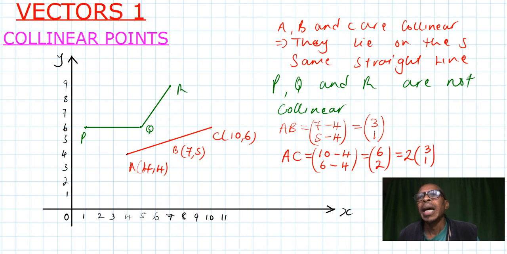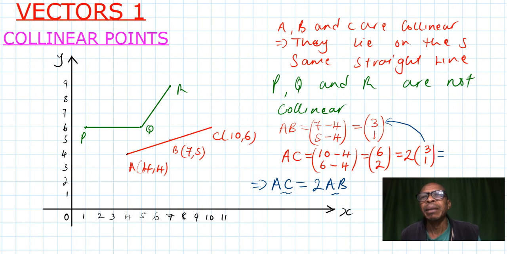Now you find that this is the same vector as this one, and therefore this implies that AC can be written as 2AB. When you connect the two vectors AB and AC, we have a common point.